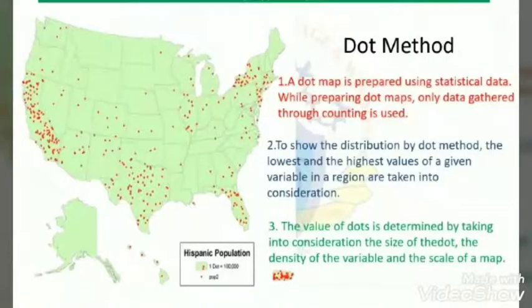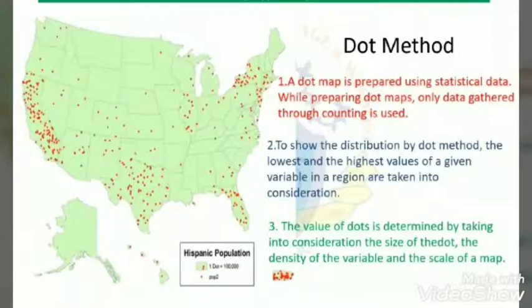In the given figure, we can see a map where dots are placed. A dot map is prepared using statistical data. While preparing dot maps, only data gathered through counting is used. It shows the way a variable is distributed throughout the region.